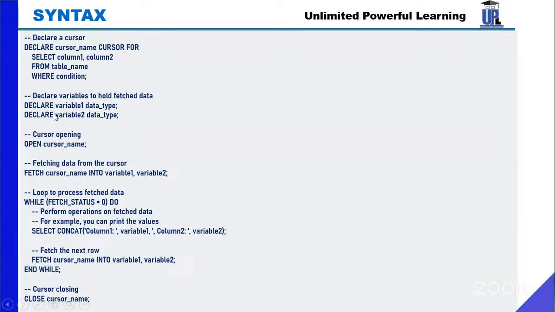Similarly, if you want to open the cursor, how do you do that? Open cursor name. Whichever cursor you have queried, it is just like you have attached the tab. So now if you want to open the tab, you open the cursor name. Once you open it, fetch the data from the cursor.